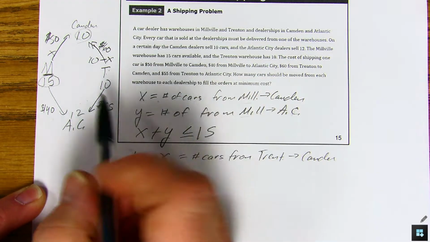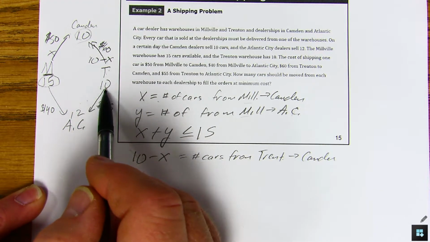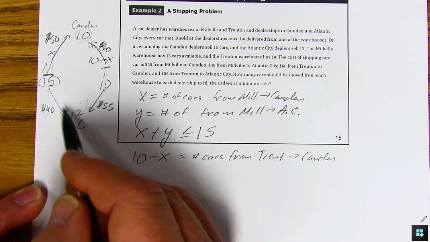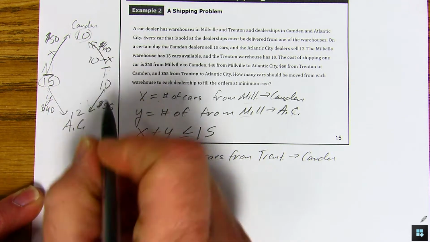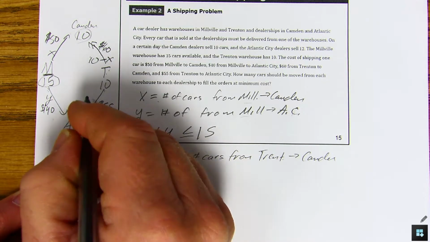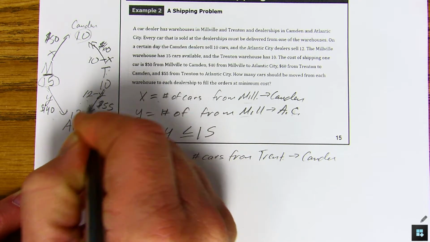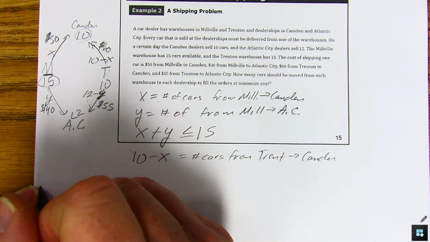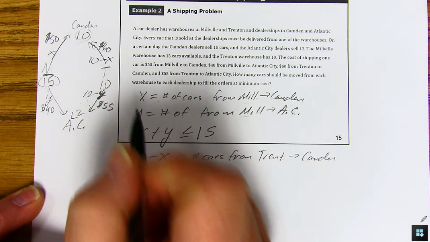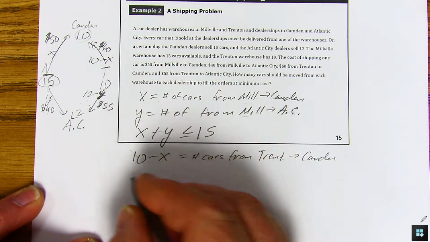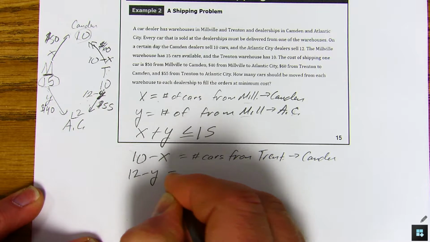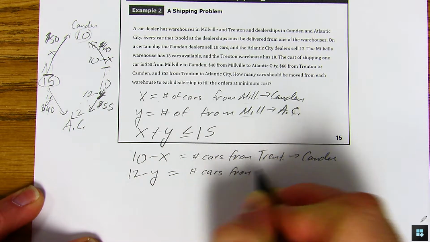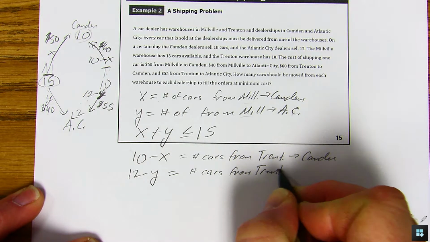In the same idea, if the number of cars going from Millville to Atlantic City is Y, then from Trenton to Atlantic City would have to be 12 minus Y, because they need 12 and they're getting Y from Millville, so they only need 12 minus Y from Trenton.